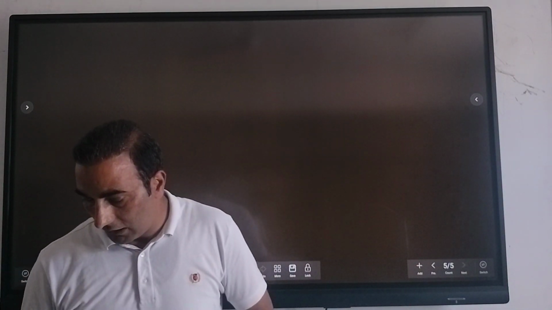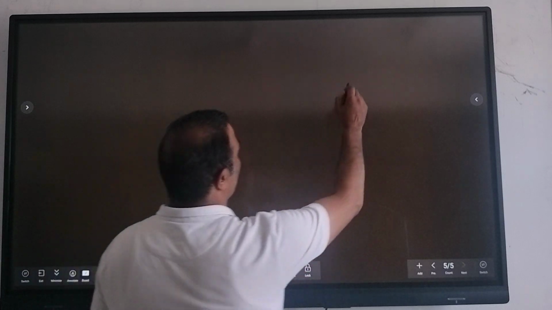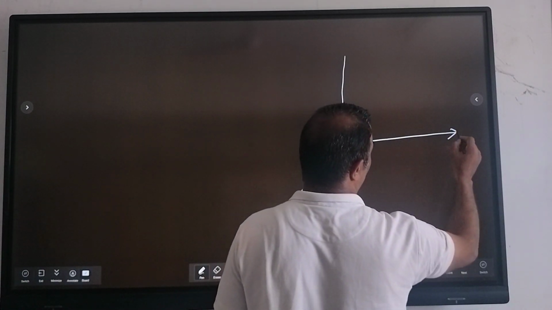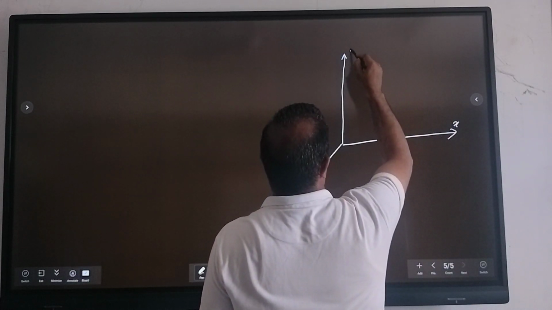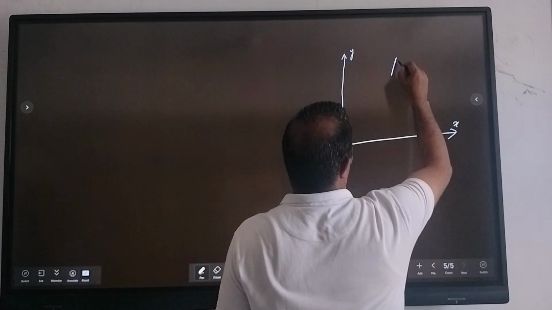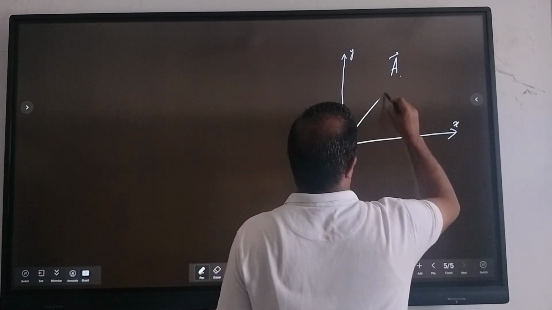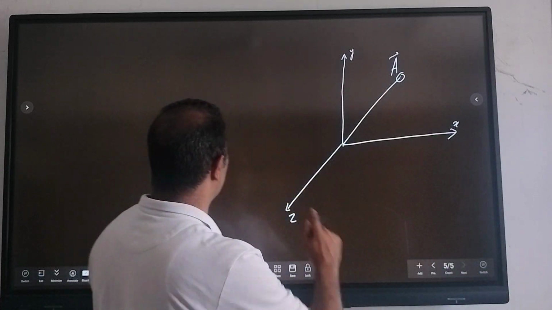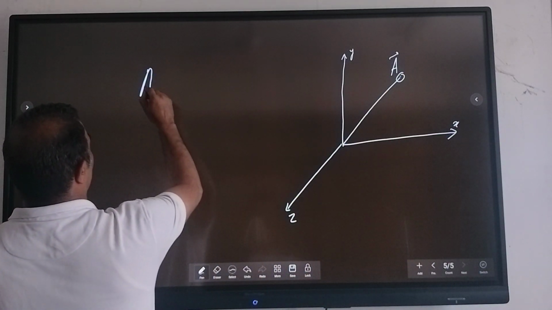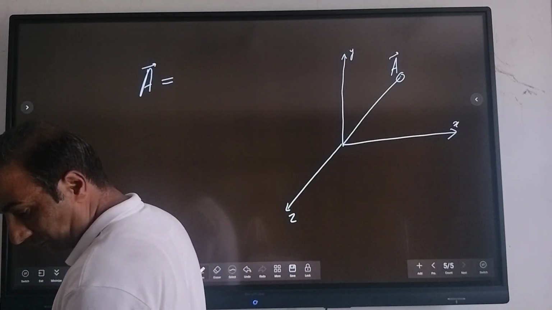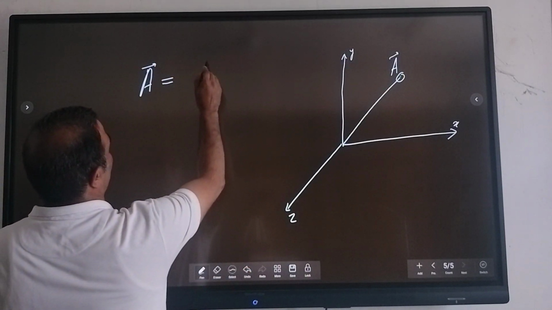Now suppose we have a vector, which I already told you about, some vector with x, y, z components, and we have some vector A here, right? So this vector is known to us. I'm saying now that our vector A is equal to a summation over i.